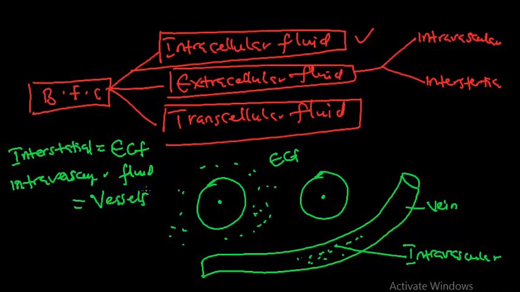In the roughly sketched diagram I provided, as you can see, we have the cell with the cell membrane, and we have the ECF, the water outside of the cell. Another name for it is the interstitial, while the one inside our blood vessels we call the intravascular fluid. Those are the two different ones, and they are very important in order to understand this topic.